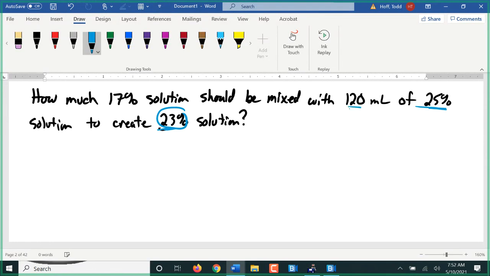So if we have 120 milliliters of the 25%, we're going to have less than that of the 17%. 25% is closer to the resulting 23 than the 17. So we're going to mix 17% and 25%, in the hopes of creating 23%.